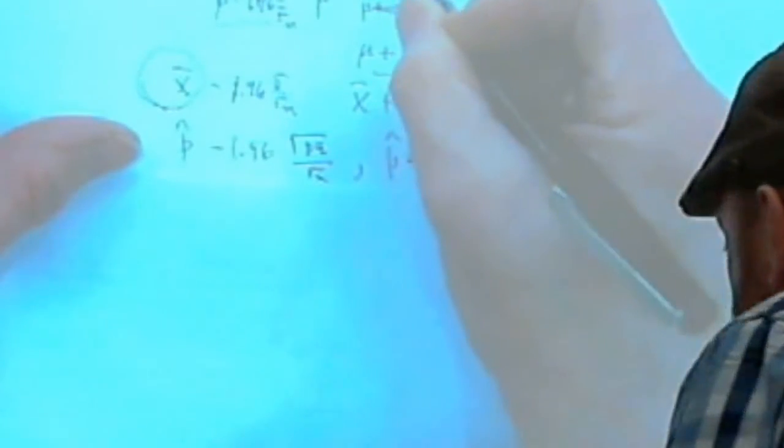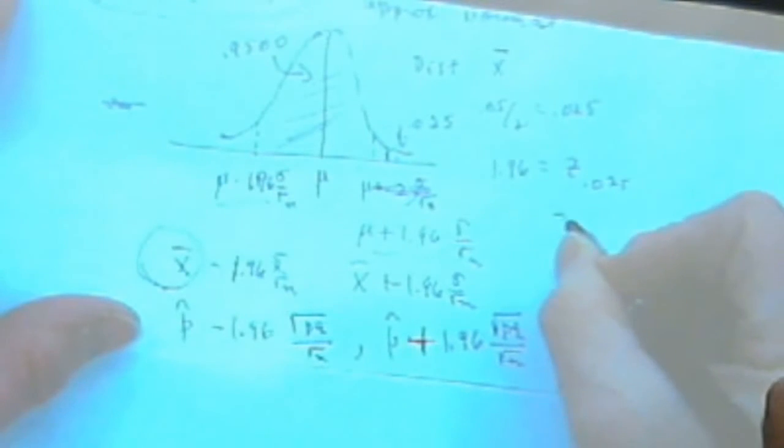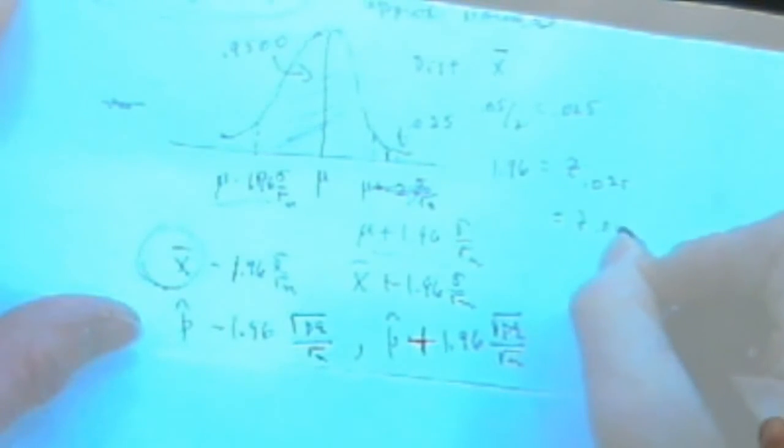Now, this is 95% confidence, and 0.05 is what's left. 0.025 is the area here, right? So we say 1.96 is the z critical value, z 0.025. You might want to think of it as z of 0.05 over 2 too.